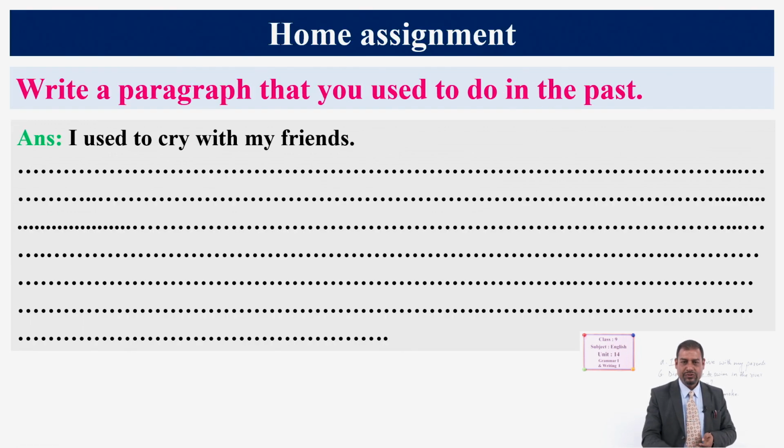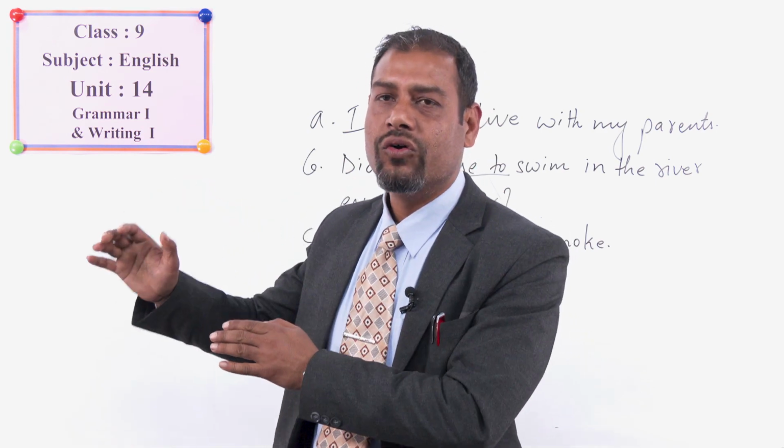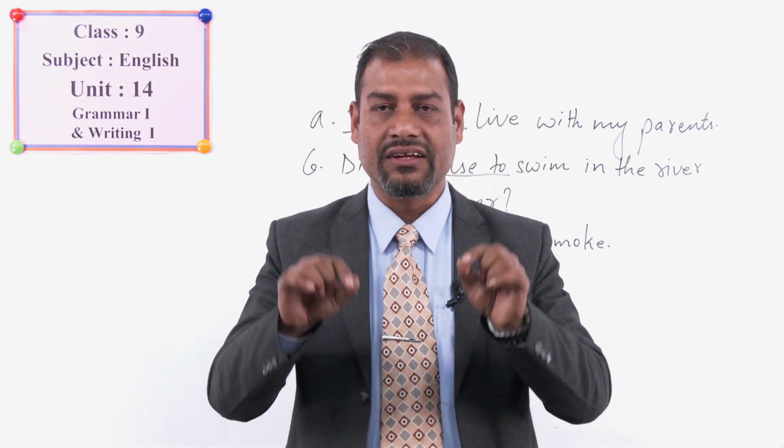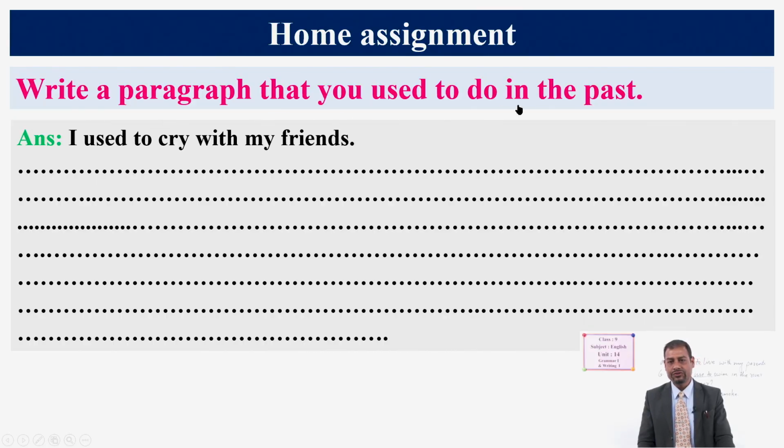Good. If so, now I have a task for you to do at your home in your free time. The task for you is, write a paragraph about what you used to do in the past. So you have to write down what you did in the past, but you don't do any longer in the present. Okay.